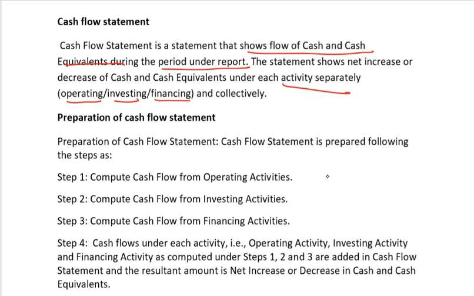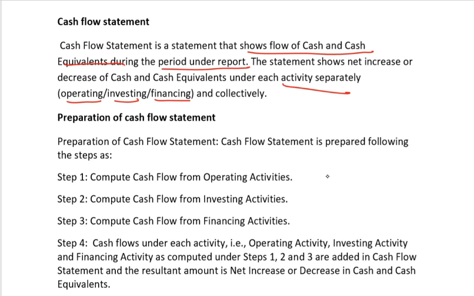Here also, if you are making dividend payment and interest payment, etc., that also comes under the financing activity. That's an outflow of cash. Whether it is inflow or outflow, you just have to think and then tell.